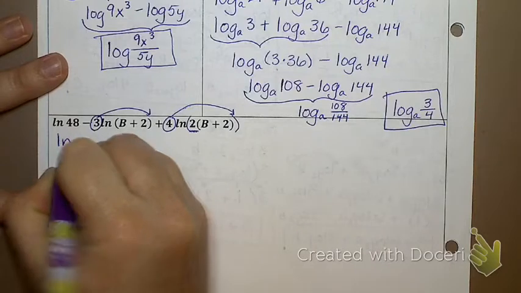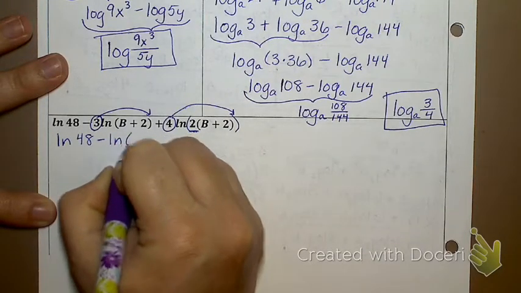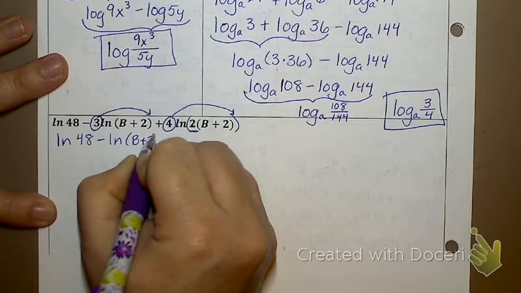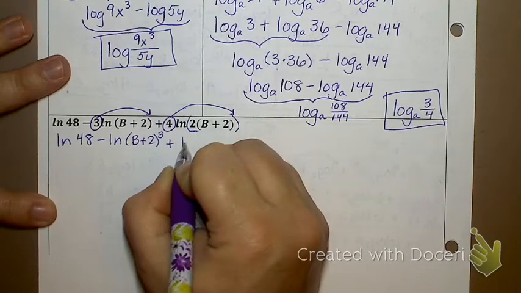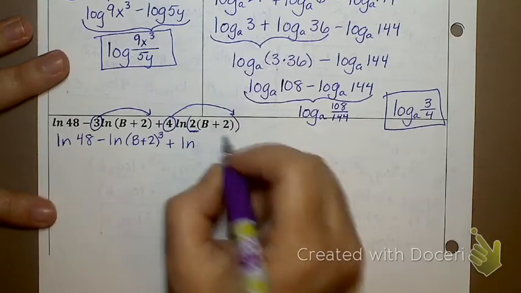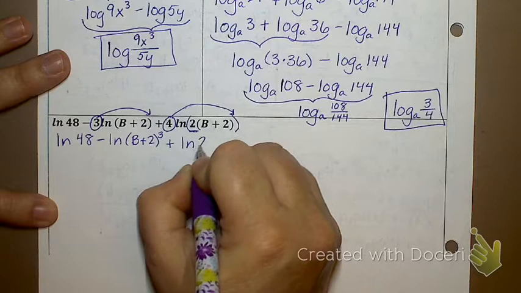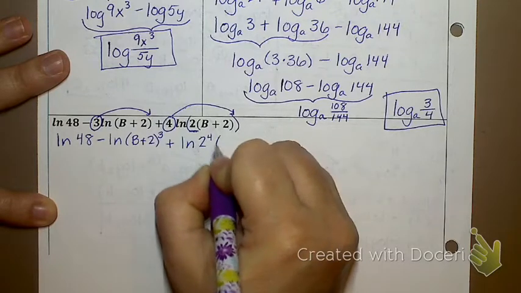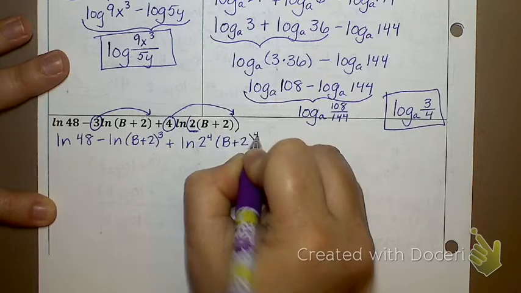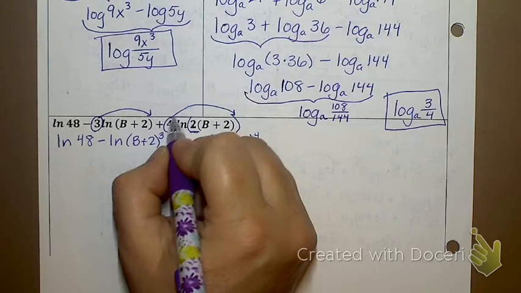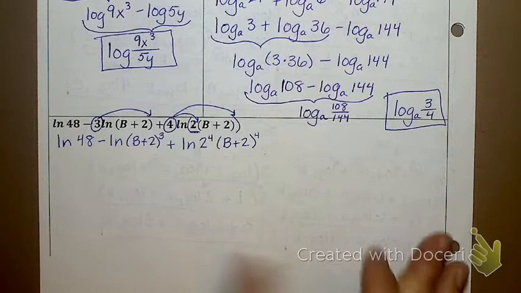That gives me ln of 48 minus ln of b plus 2 cubed plus ln of, can I call this 2 to the 4th? Are you okay with that? And b plus 2 to the 4th, both of them get the 4th power. Does that make sense? Okay.